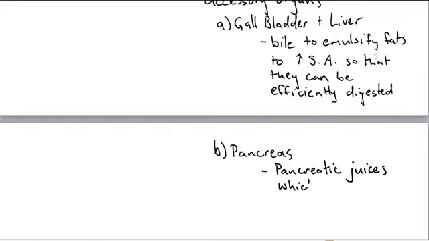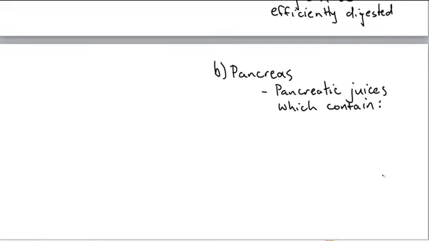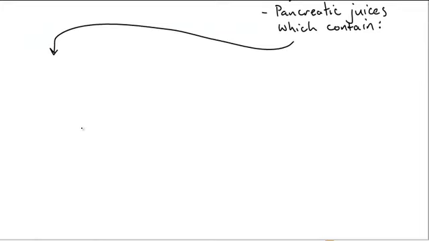Which contain many substances that are key to the functions in the small intestine. And these include, I'm just going to start, we're still talking about the pancreas, but I'm going to write it over here just because there's quite a bit to say. So it includes sodium bicarbonate.